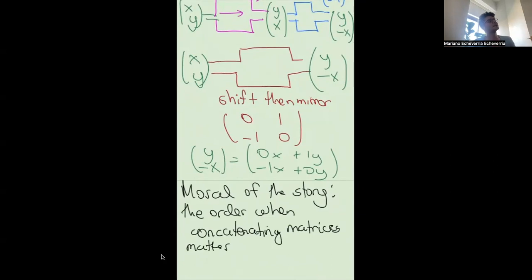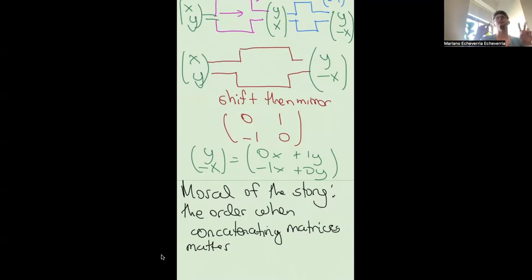Okay, and since the order matters, what I'm going to do now is give you a notation for this operation of putting one matrix after the other. It means we have to be careful with that notation, because it will matter how you write it.